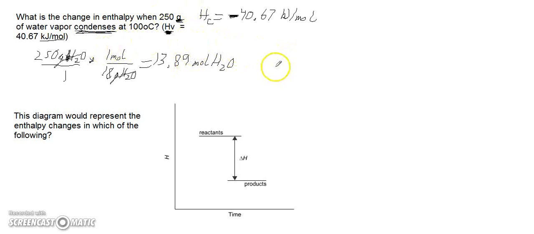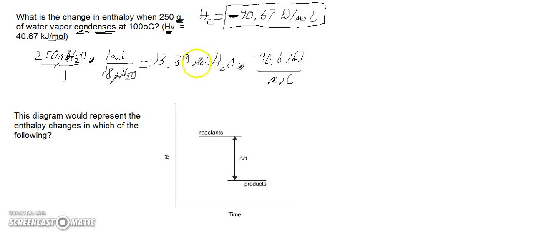And so now I can just do this. I have my enthalpy of condensation, negative 40.67 kilojoules per mole. So negative 40.67 kilojoules is on top, right? And moles is on the bottom. So conveniently enough, moles cancel.